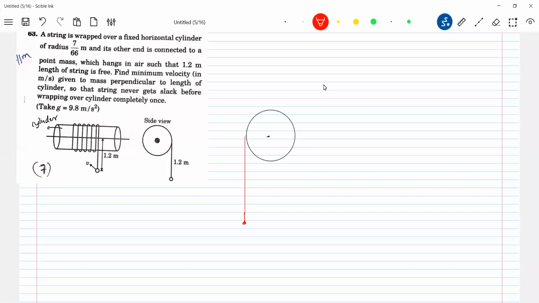It is given as 1.2 meter. So this is the length I'll pick up. So this length is equal to 1.2 meter. This is a point P1. Now what velocity should you impart so that it will wrap?